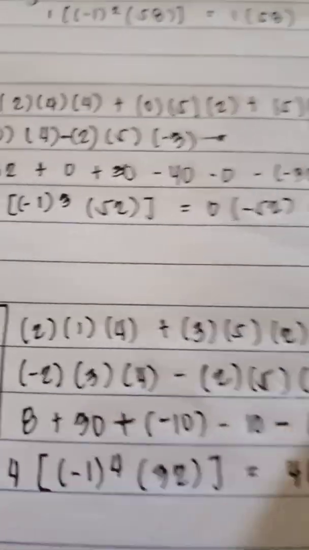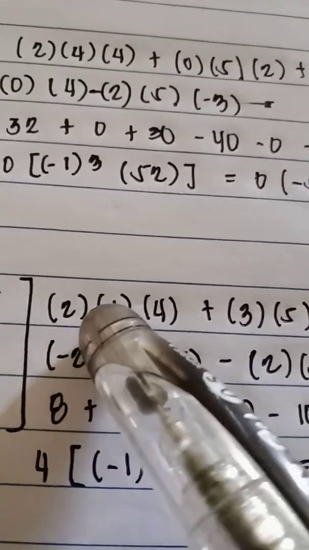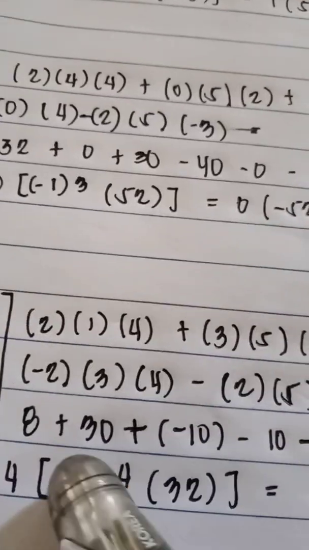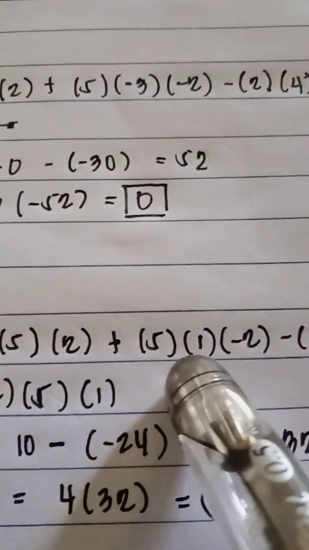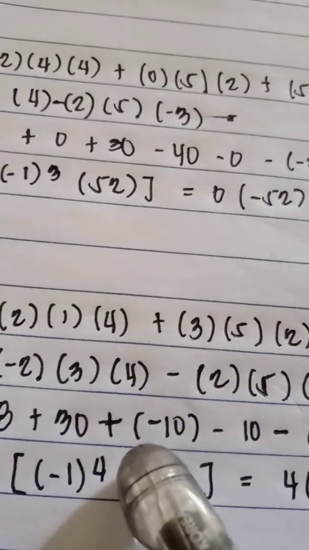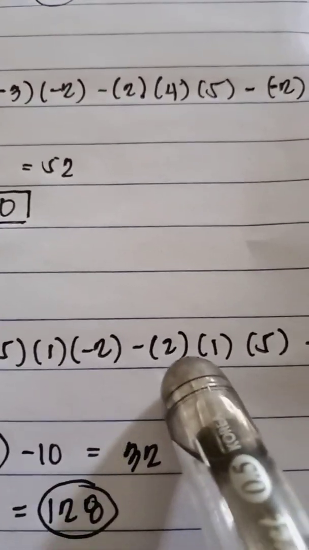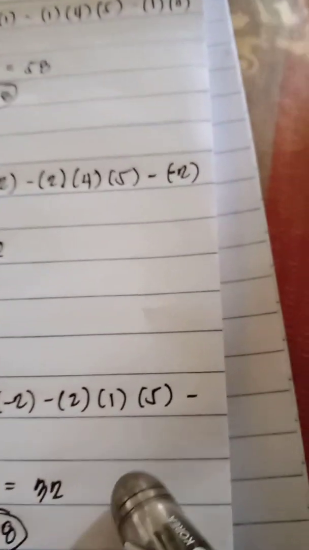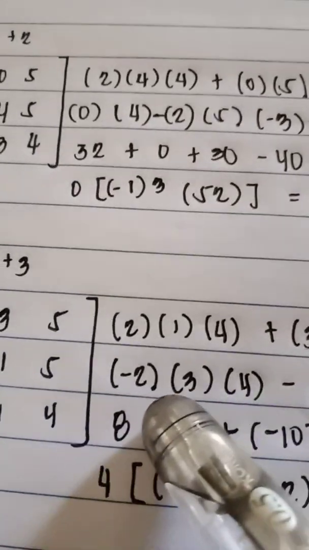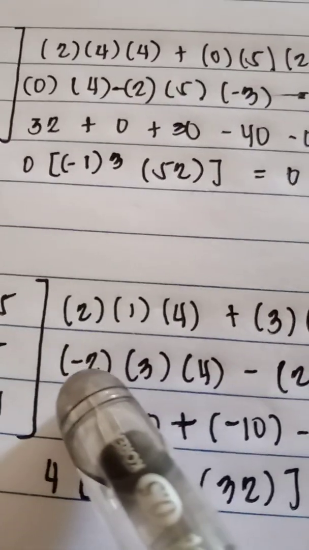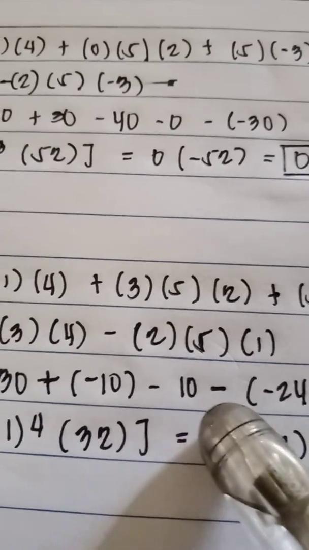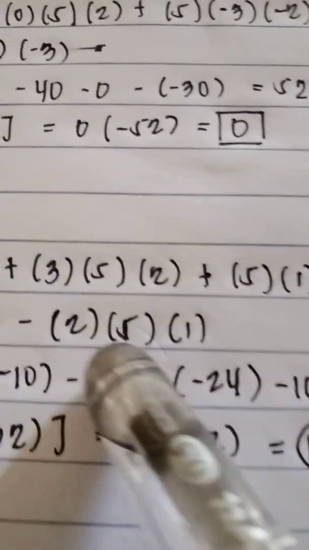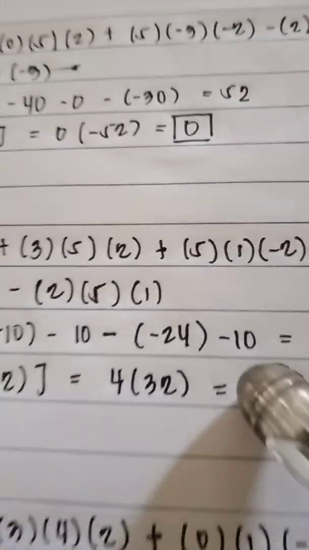So now we will simplify it. 2 times 1 times 4 is equal to 8, plus 3 times 5 times 2 is equal to 30, plus 5 times 1 times negative 2 is equal to negative 10, minus 2 times 1 times 5 is equal to 10, minus 2 times 3 times negative 2 times 3 times 4 is equal to negative 24, minus 2 times 5 times 1 is equal to 10.